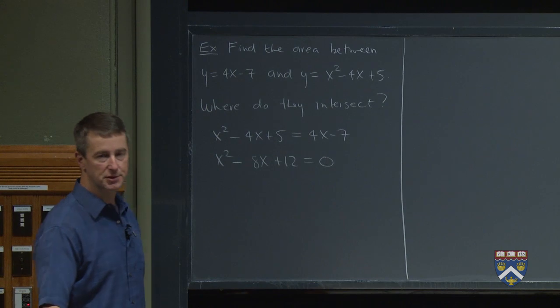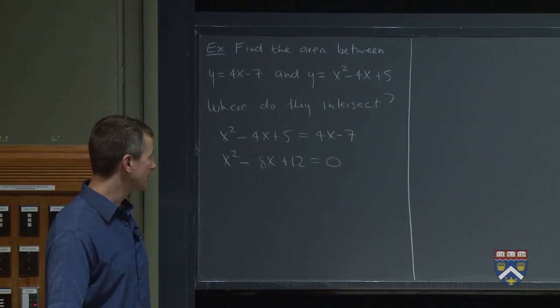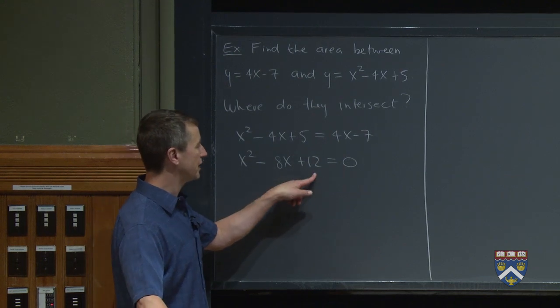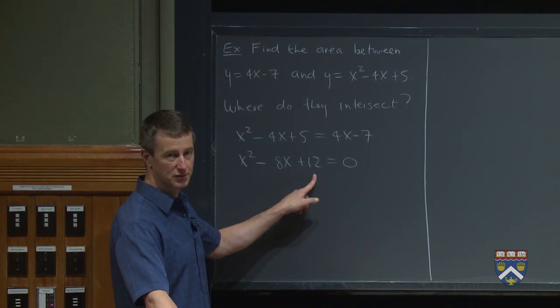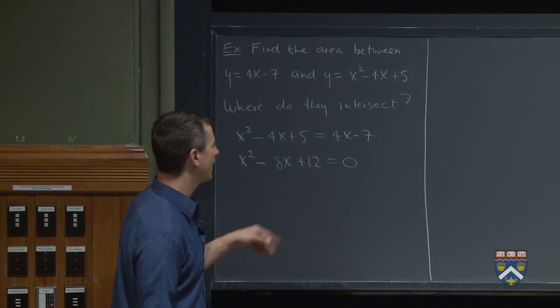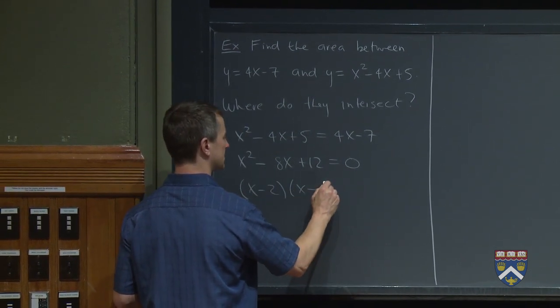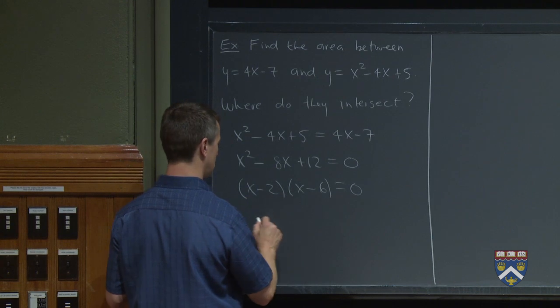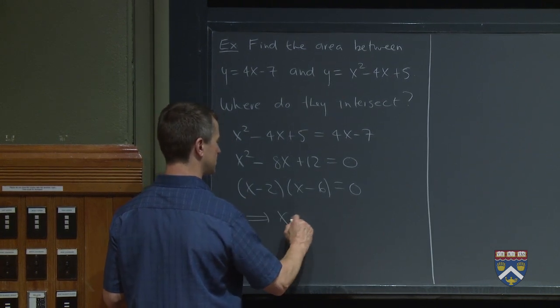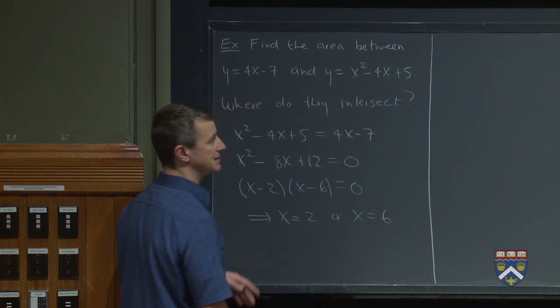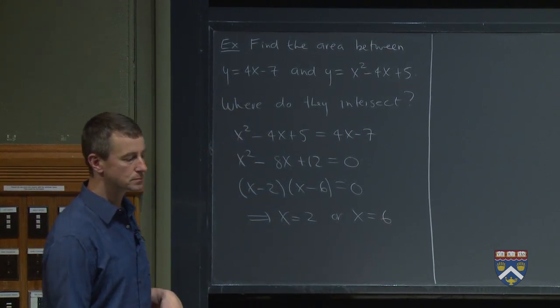And of course, you can always resort to the quadratic equation, but in some cases, you get lucky, and it'll factor nicely. So we're looking for 2 numbers that multiply together to give us positive 12, add together to give us negative 8. I think x minus 2, x minus 6 will work nicely. So that means x equals 2 or x equals 6. So those are the places where the curves cross.